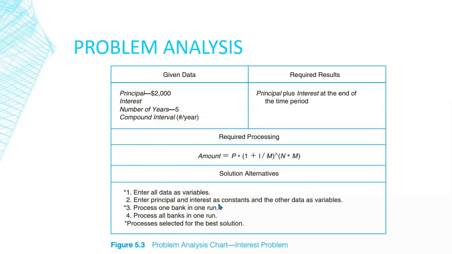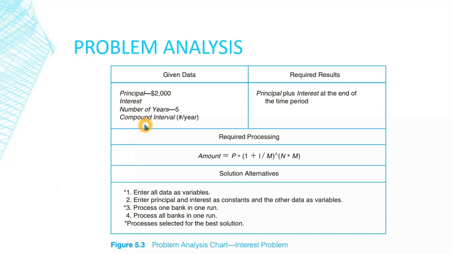Enter principal and interest as constants. Of course, this will make this solution only apply to this problem specifically. So we will not take this alternative. Process one bank in one run, which is better because each time we will run on one bank using the interest in this bank, using the number of years, using the compound interval in the bank, and get the amount.